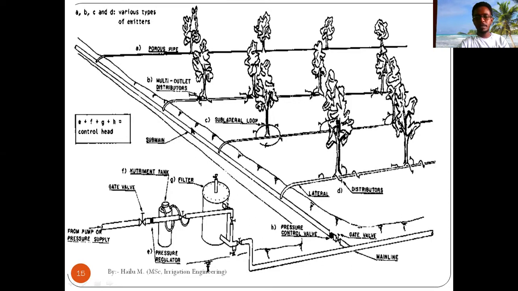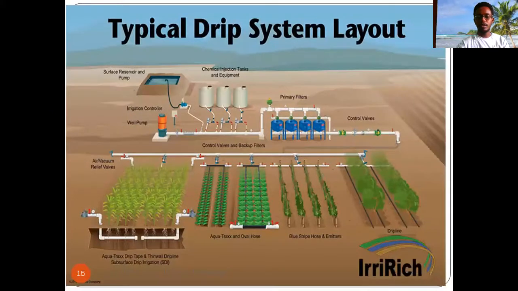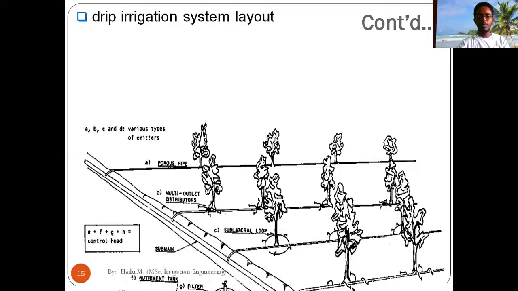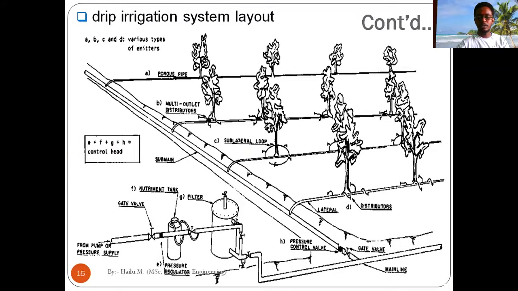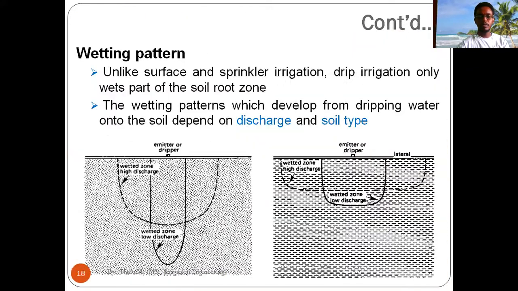From sub-main lines, it will enter into laterals. Then water will be directly emitted to the crop roots through emitters or drippers. So these are the common types of pressurized irrigation methods. You can see from this figure.